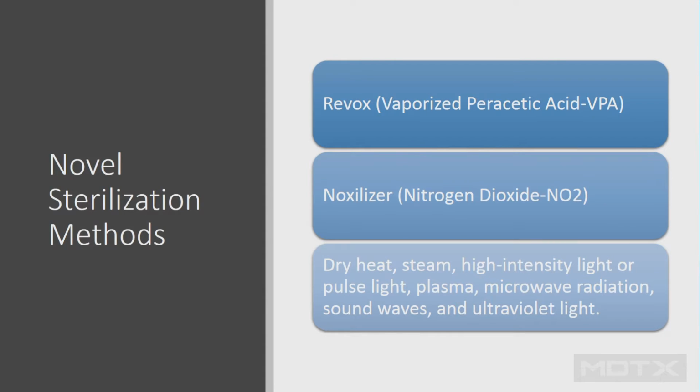And other sterilization technologies include autoclave or dry heat, steam, plasma, pulsed light, microwave, and sound waves. These are all interesting technologies, but none of them are used on a mass scale. Revox has recently been approved for their chamber. It's been approved by the FDA, so it's recognized as an acceptable terminal sterilization method.